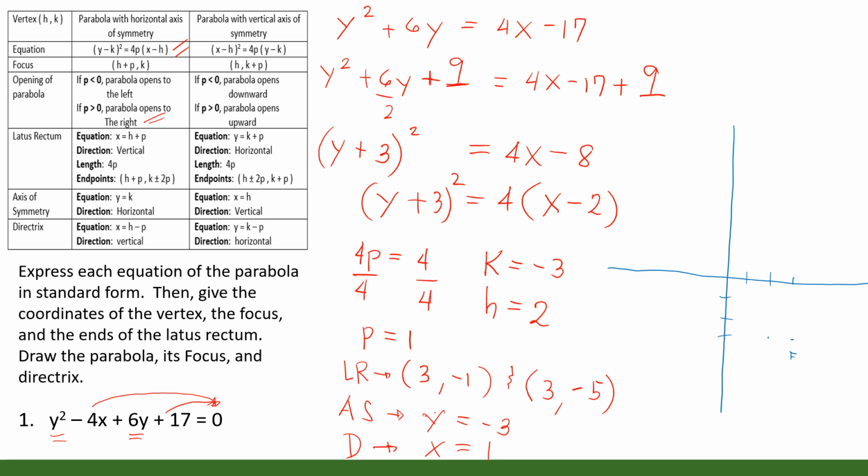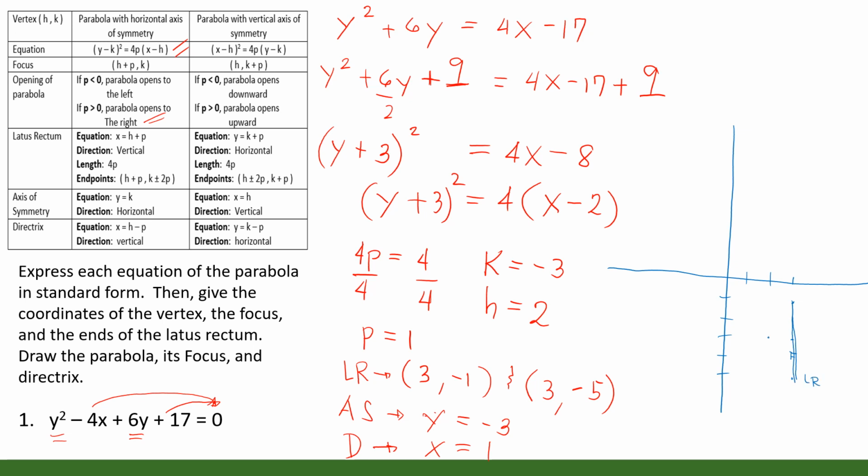Okay, next we have latus rectum ends 3, negative 1. Here is our end. And 3, negative what? It's the other. 3, negative 5. So 3, 4, 5. So that is 3, negative 1, and 3, negative 5. So connect the points. This will be our latus rectum.